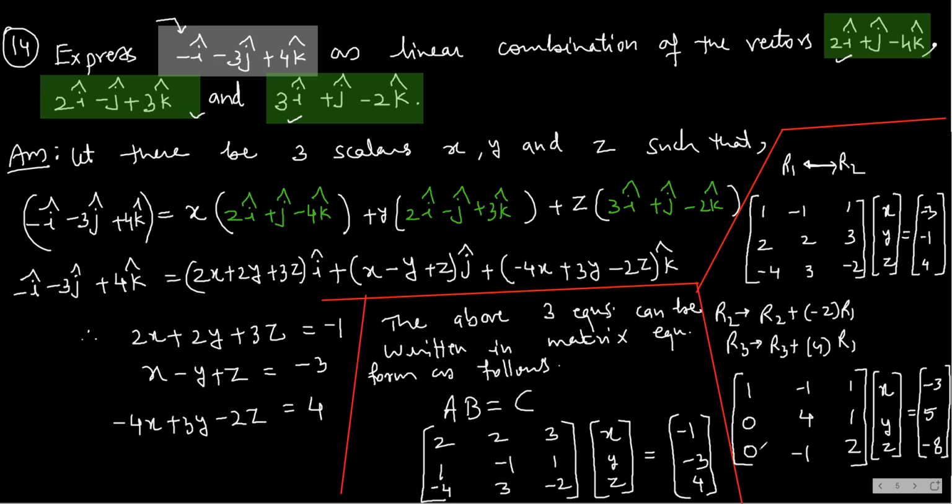Now, for the reduction method, what we do is convert this pre-factor matrix into an upper triangular matrix. So I just have to get 0 here. Now see, how do I get 0 here?